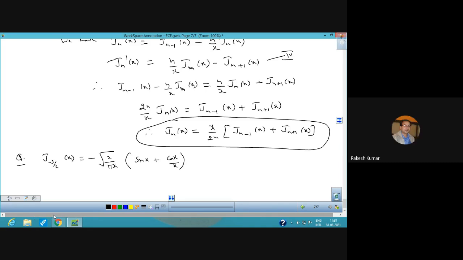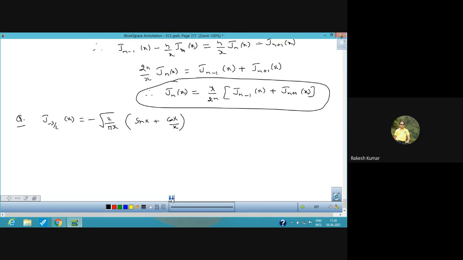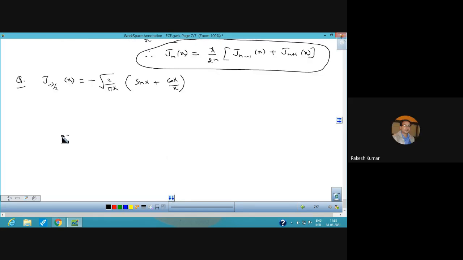For doing so, what we have to do? First of all, we have the recurrence relation, last one. The last recurrence relation was sixth, that was 2n over x, Jn x is equal to J n minus 1 x plus J n plus 1 x.